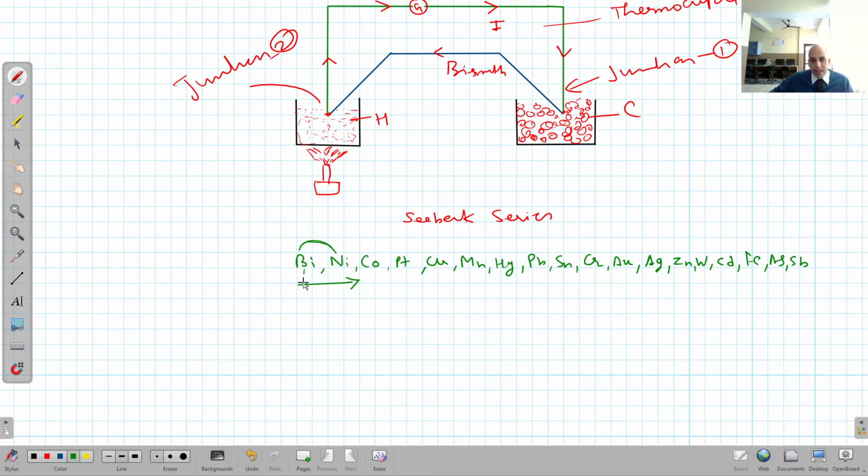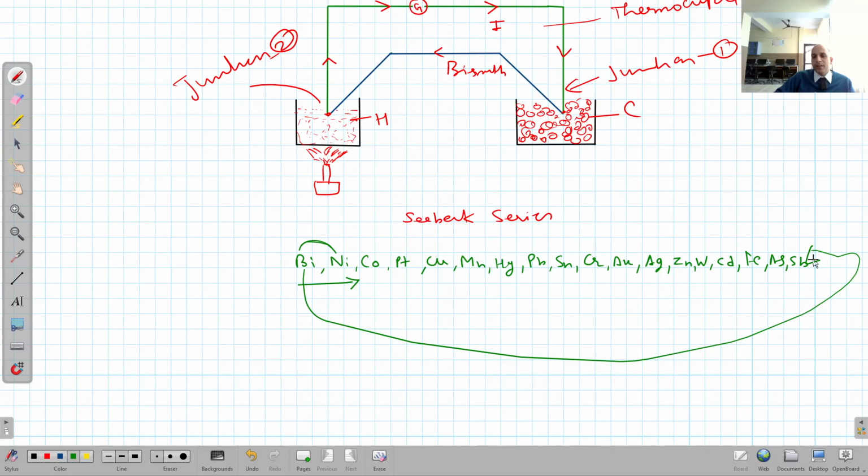But if I make a thermocouple of these two metals, right, then the produced thermo EMF will be more for the given temperature difference, because the produced thermo EMF depends upon the separation between the different metals in this series.